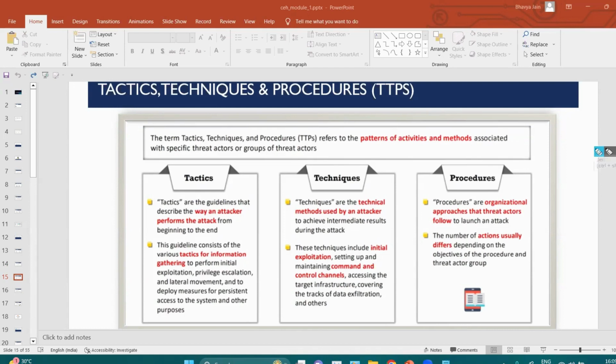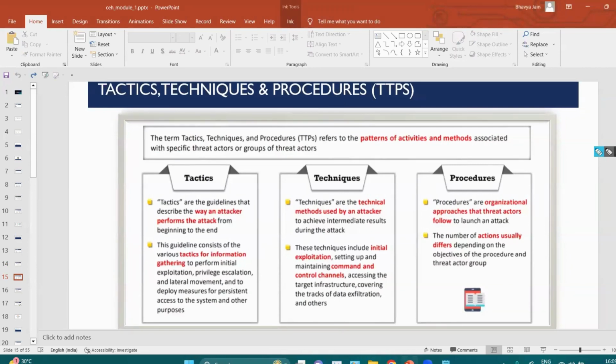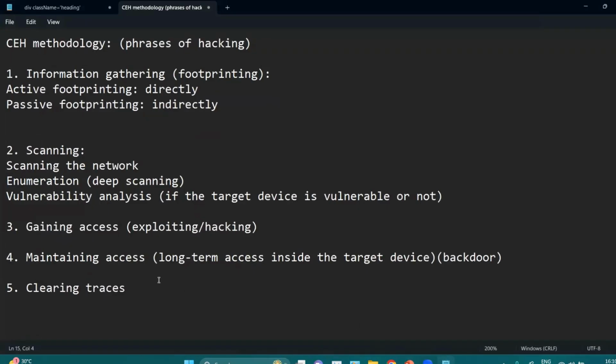So first we have tactics. In tactics we have methodology. It is like what kind of methodology an attacker is using. That is known as tactics. For example, we have a methodology here, which is the CEH methodology. Maybe the attacker can use this methodology, or maybe any other advanced methodology.